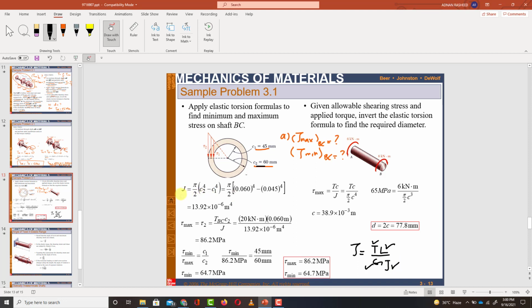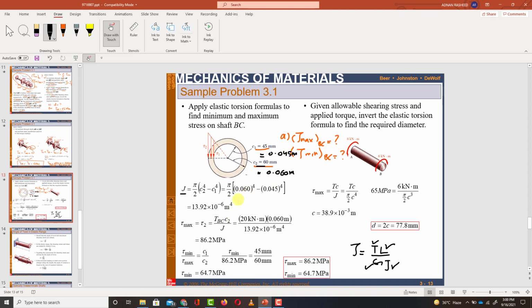And polar moment of inertia for this hollow circular shaft is pi by 2 into C2 power 4 minus C1 power 4, where C2 is the outer radius and C1 is the inner or smallest radius. So you just have to put the values in the formula. So pi by 2, C2 is 60 millimeter, as the calculation has been done in meter, so you have to convert 60 millimeter into meter, that will be 0.060 meter. Similarly, C1 is also converted into meter, that is 0.045 meter.